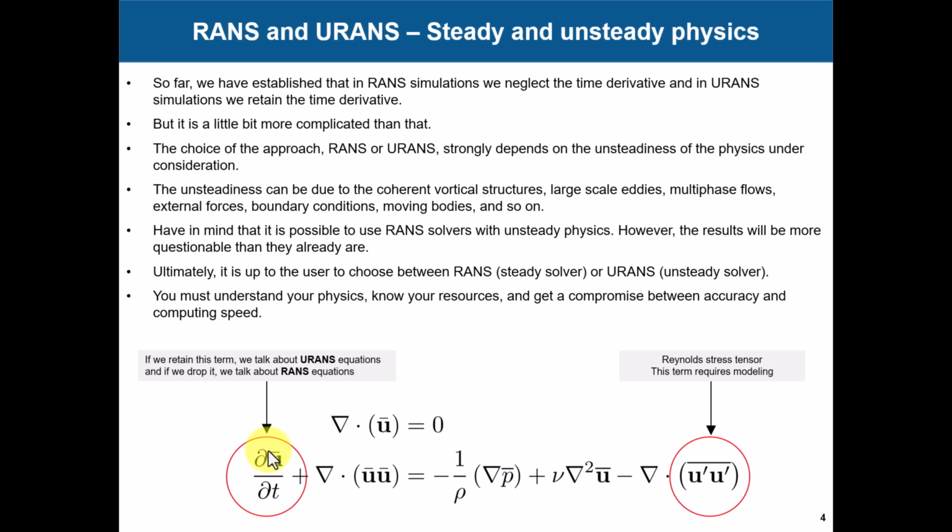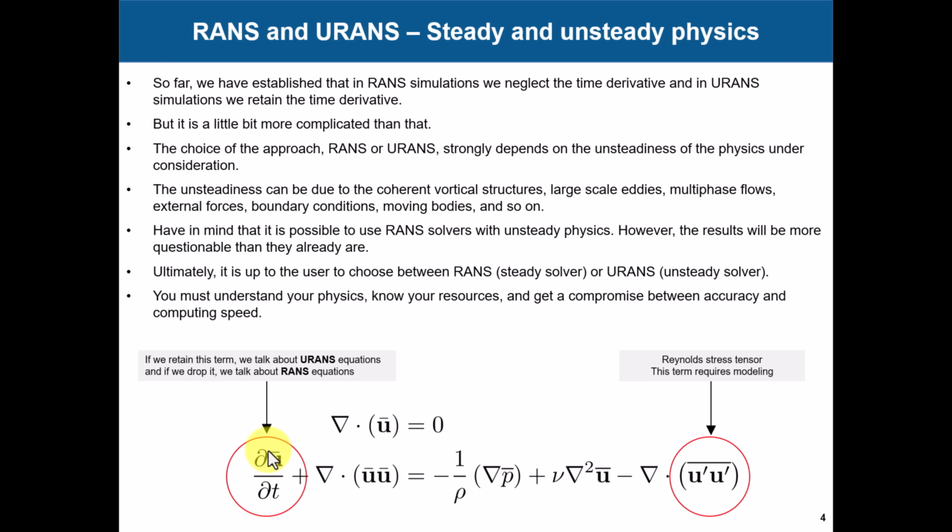It can be rigid body motion. There are many reasons. But if you have that truly unsteady flow behavior, you need to add time. It's strongly recommended. You can use a steady hypothesis, but your result will be questionable because you are not resolving the actual physics.